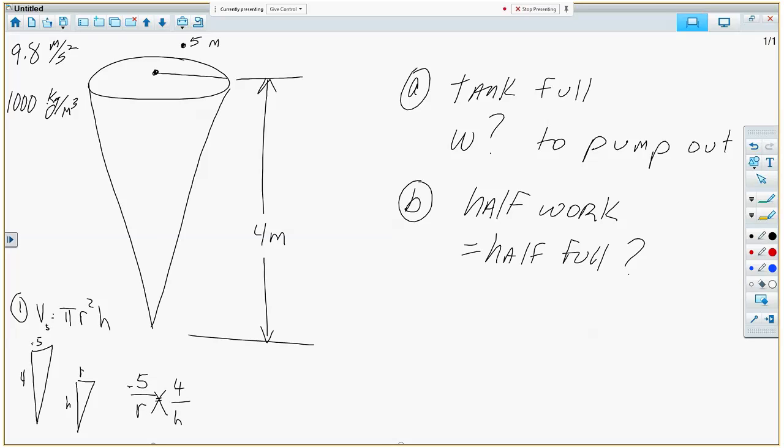So 4r is equal to 0.5 h. Divide by 0.5 or divide by 4. And what do you get? 0.125. So r is equal to 0.125 h. Is that what y'all got?